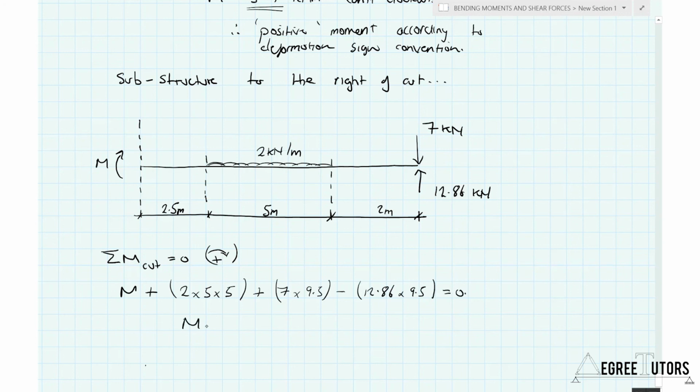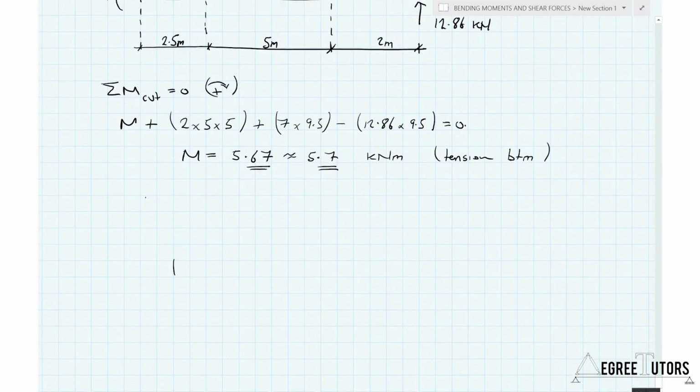And when we solve for M, we get M equal to 5.67, which is approximately equal to 5.7, and the differences here are simply going to be down to rounding errors. So we've got essentially agreement between both substructures, and let's just confirm that that is tension on the bottom. Tension on the bottom, compression on the top. So again, it's a positive bending moment.